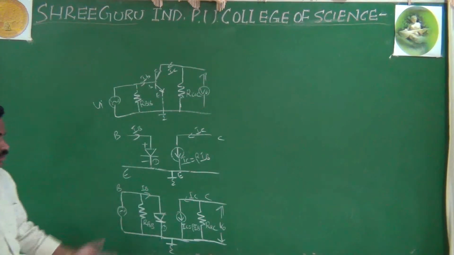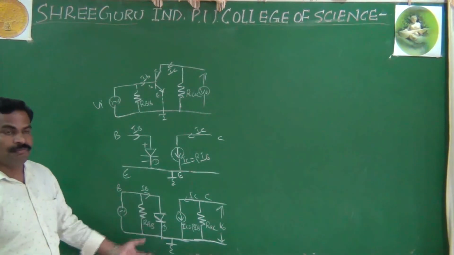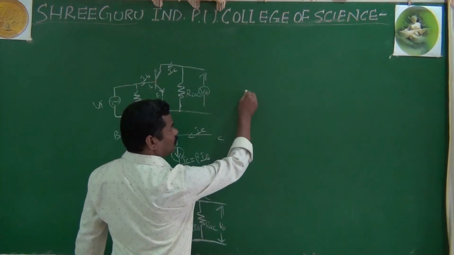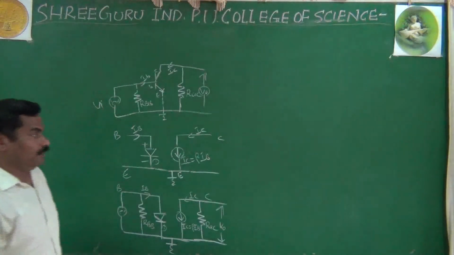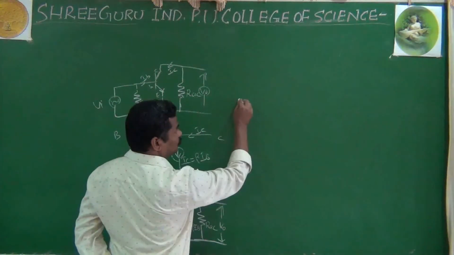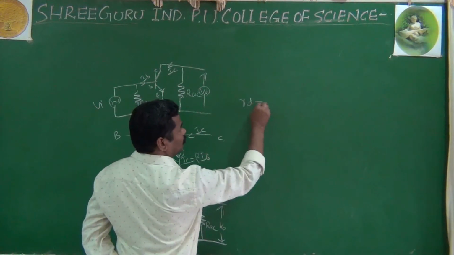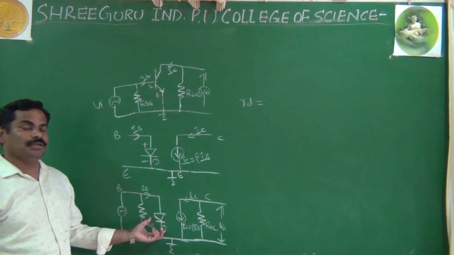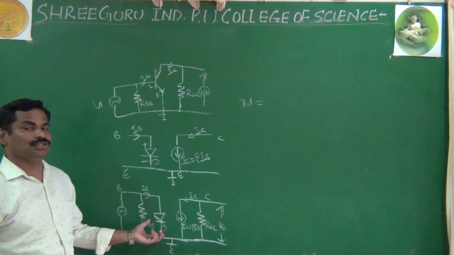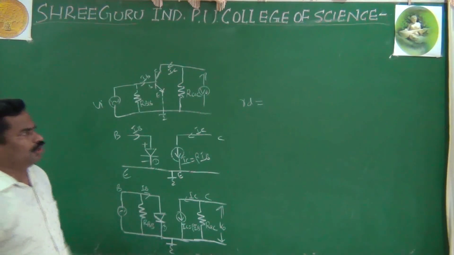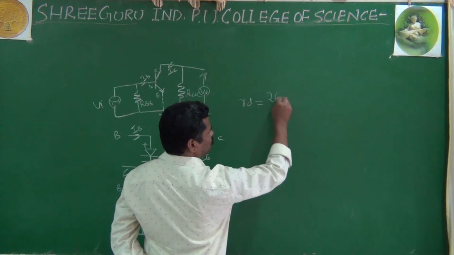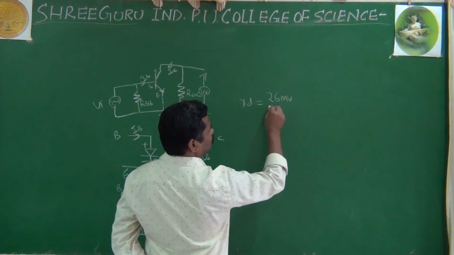It acts as a resistance, so go for RD, nothing but the diode resistance, because your diode does not act as a rectifier, it acts as an AC resistance. And how to find the AC resistance? Use 26 millivolts divided by ID.